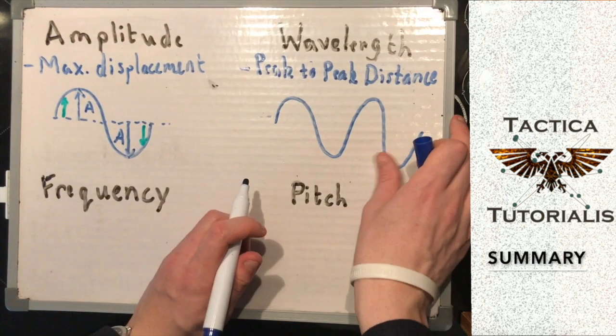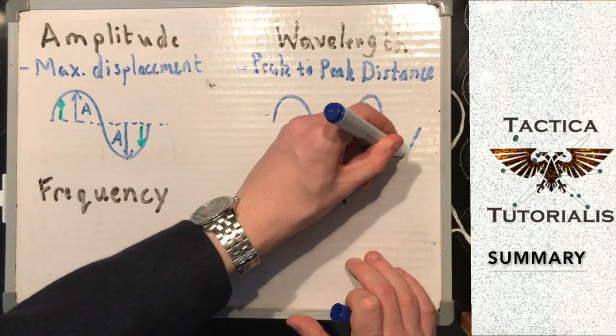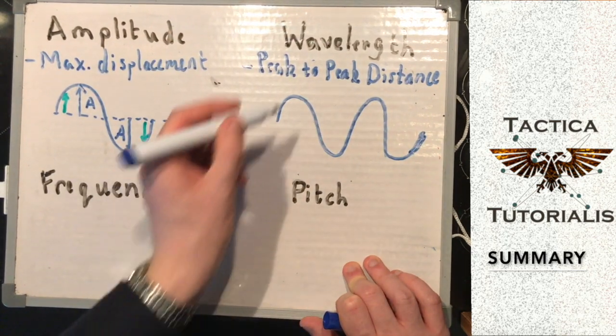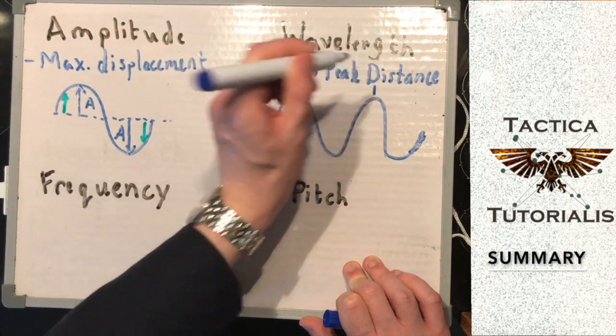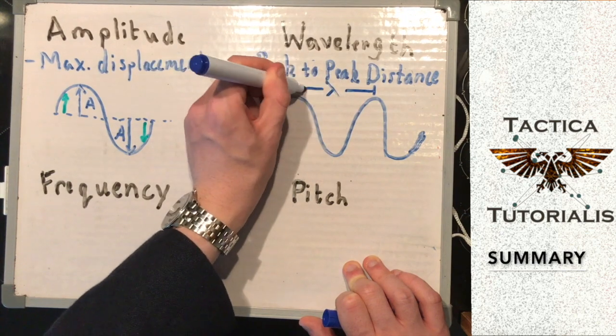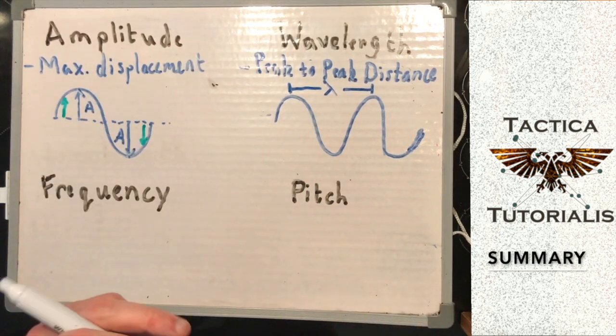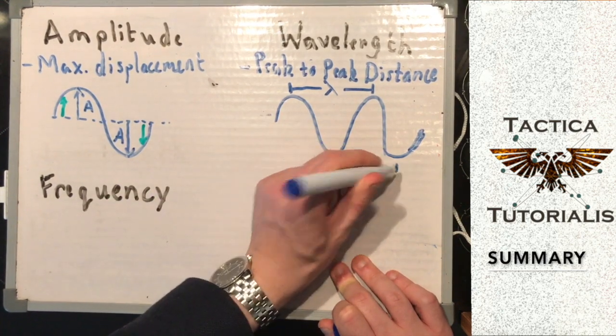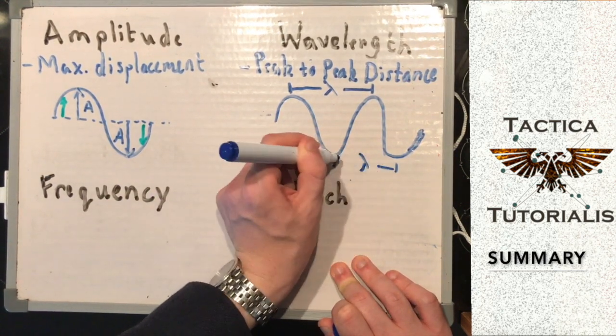You will draw a better one than I've just done. Let's just curl that off a little better. So the wavelength would be the distance between two peaks. I'm going to call it lambda because that's its typical symbol, particularly for mathematical calculation, which we could do another time. You could also measure it between the two troughs and it would be exactly the same.